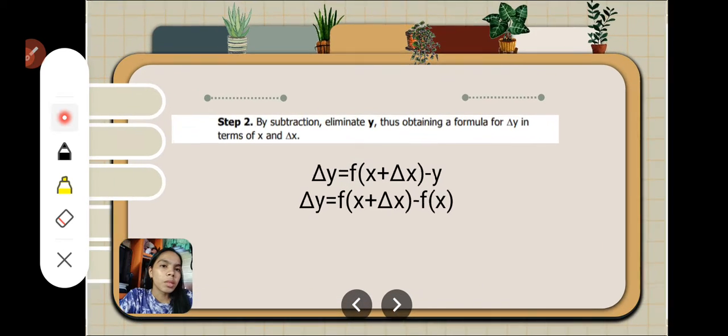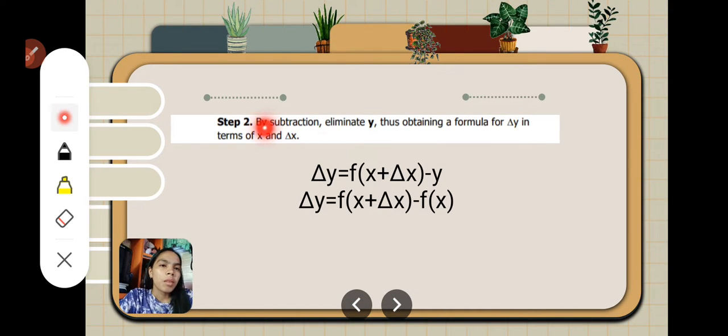For step 2, by subtraction, eliminate y, thus obtaining a formula for delta y in terms of x and delta x. We will be transposing y, so y will be negative.